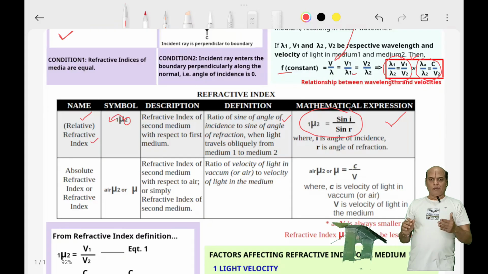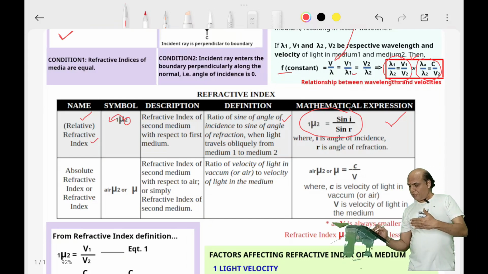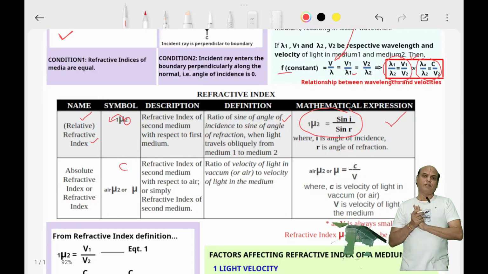Because the velocity of light in vacuum and air is constant, and because the refractive indices of various optical media are measured with respect to air or vacuum as the standard medium, the velocity of light c makes its way into the definition of refractive index.